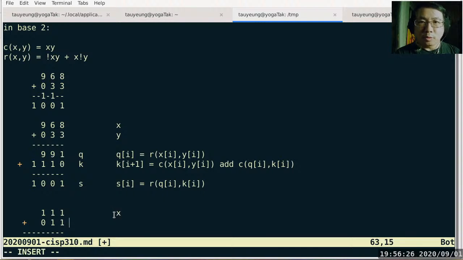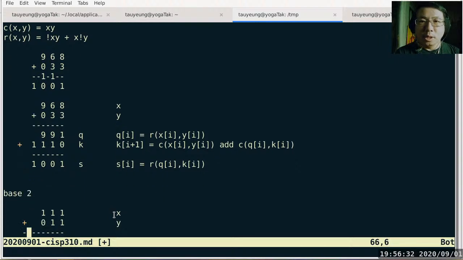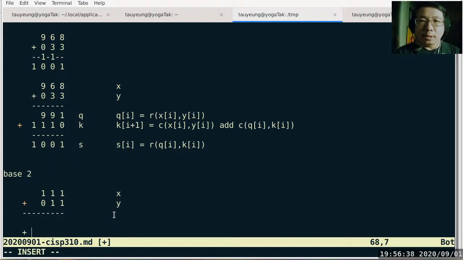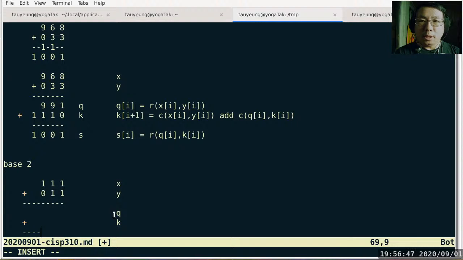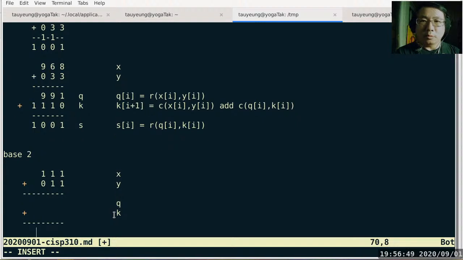This is row X, this is row Y, and I have to emphasize that this is in base 2 so that we don't confuse the two examples. So we're going to have another add here. This is our row K, this is our row Q, and last we have our row S. There we go. But remember, now everything is in base 2.